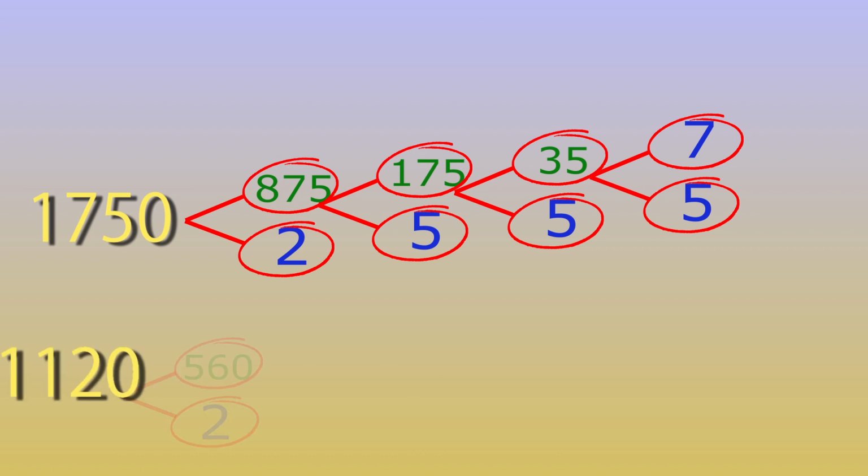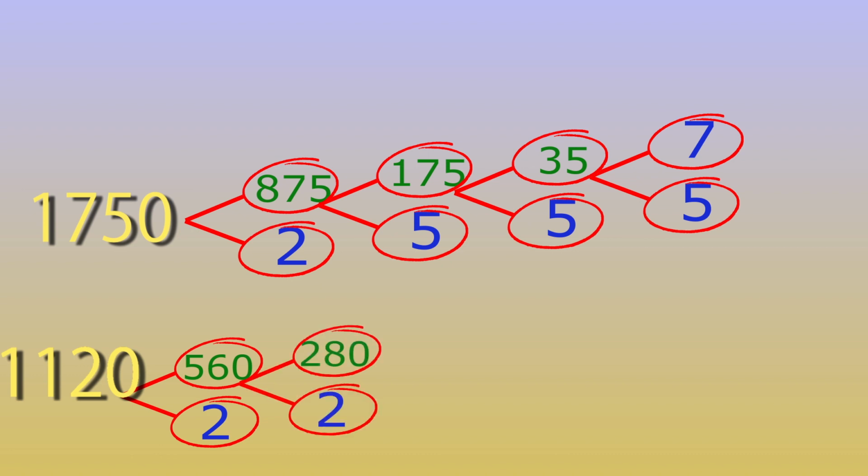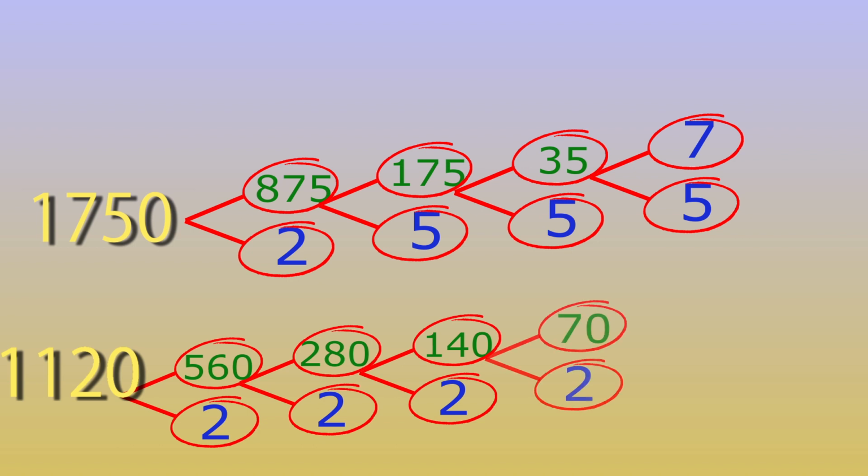Now let's do the numerator. 1120 equals 2 times 560. 2 goes into 560, giving 560 equals 2 times 280. Again, 2 goes into 280, so 280 equals 2 times 140. We can do this again to get 140 equals 2 times 70.